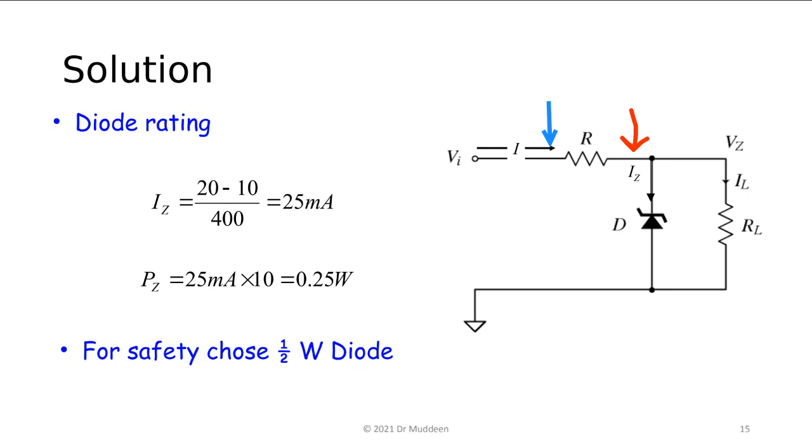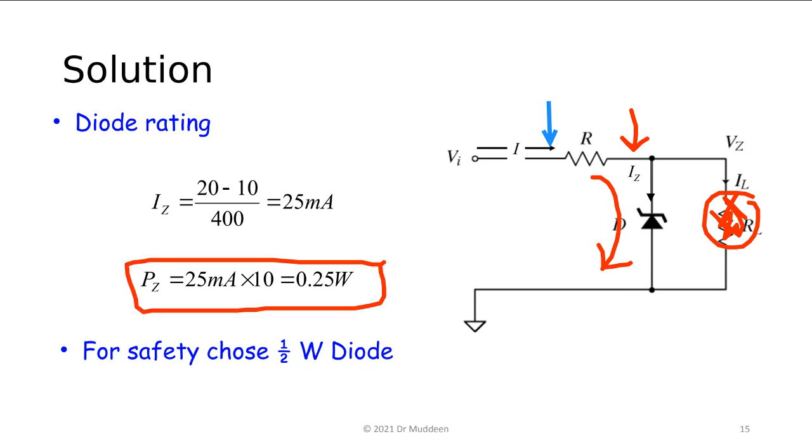So therefore, the current coming through here, remember we have taken the load out for this part, so there's no load anymore, so no current coming here. So you have a 10 volt difference across here, so this is going to send 25 milliamps, and the only place the 25 milliamps can go is through your diode. It's a 10 volt diode, so 25 milliamps passing through and a 10 volt drop across the diode means that the diode has to absorb at least a quarter watt of electrical energy.